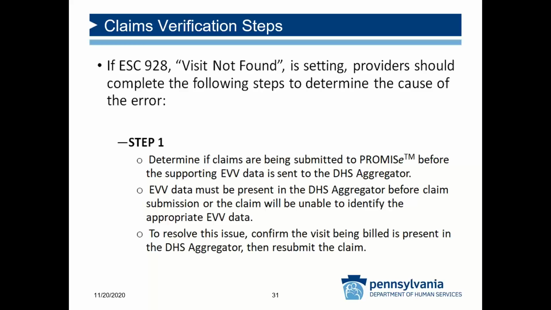And again, you cannot make changes in the aggregator. It is just a big old database that you can view your transactions in. But you would make those changes in your source systems, and then you would resubmit them back to the aggregator. Next slide.